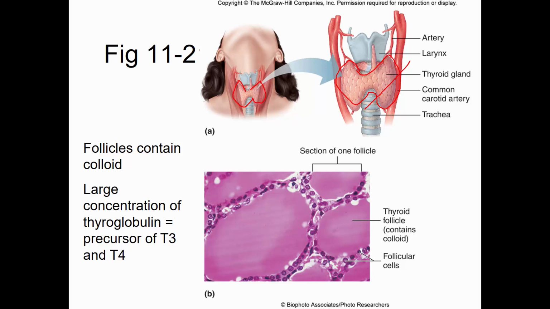So here are little epithelial cells. Here's an epithelial cell. Here's an epithelial cell. These are the guys making and secreting the thyroid hormone, and they're storing it in this big colloid called thyroglobulin. And essentially, it's lots and lots of T3 and T4 molecules all linked together covalently in this gigantic protein called thyroglobulin.